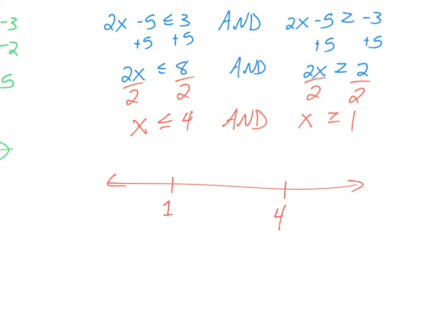Okay, so the first one says x is less than or equal to 4. Less than or equal to means fill the circle in, and less than is to the left. Okay, then we have x is greater than or equal to 1. Greater than or equal to means fill the circle in. Greater than 1 means go to the right. So it's going to be all the numbers in between 4 and 1. And that's all we got today.